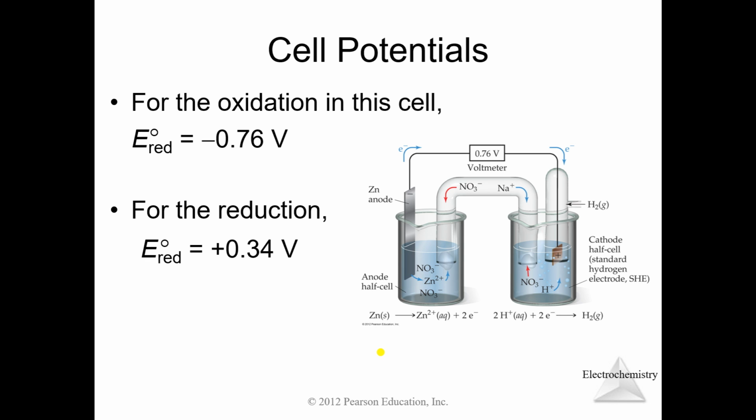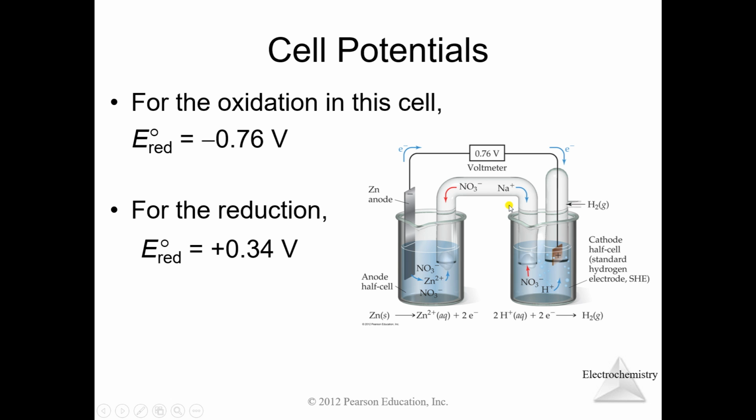In this particular example, we have a zinc anode in a zinc nitrate solution, Zn2+ nitrate. We have hydrogen gas in a nitric acid solution where hydrogen is being bubbled in, and the nitrate anions are dealing with the salt bridge.